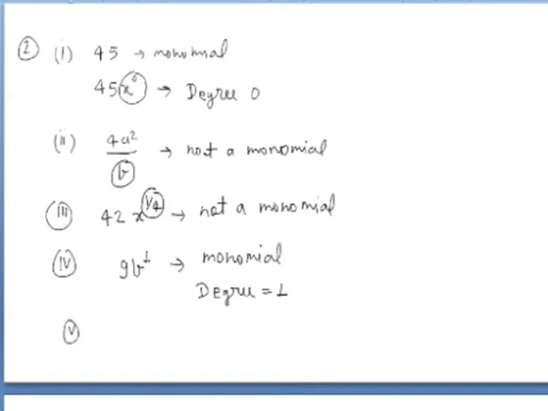And fifth, 1 by 8 pq. Okay, this is a monomial. And what is the degree? The degree of this term will be the sum of the degrees of p and q. So degree is 2.